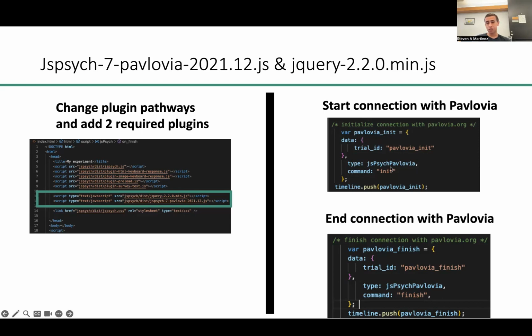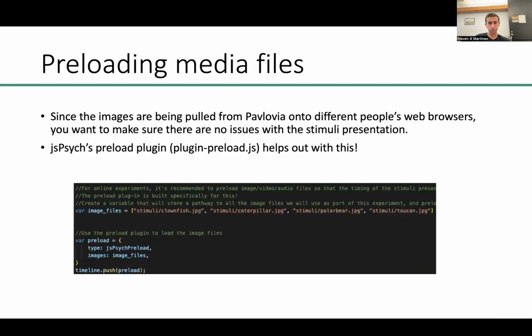It's just establishing the connection with Pavlovia. And then at the end of my script, I'm ending the connection with Pavlovia, just turning that off. If you look at the index.html file, you can see more specifically where I located that in the script. So these are basically the two more important things that you'll want to do in order to convert your local script to an online script.